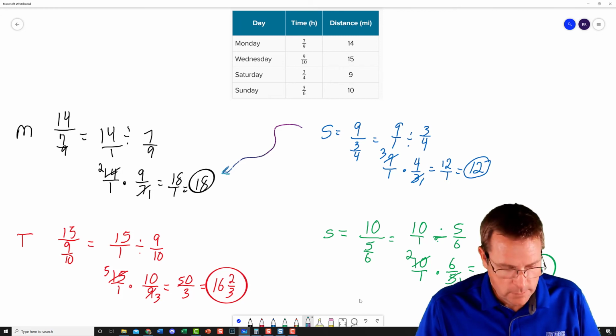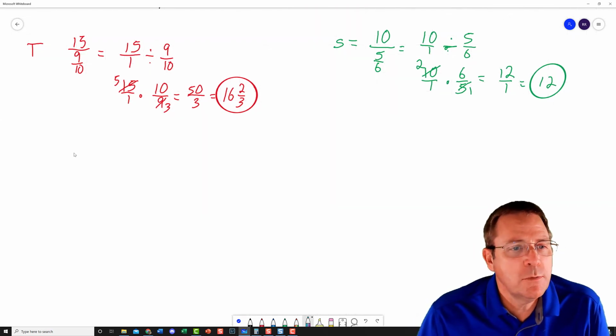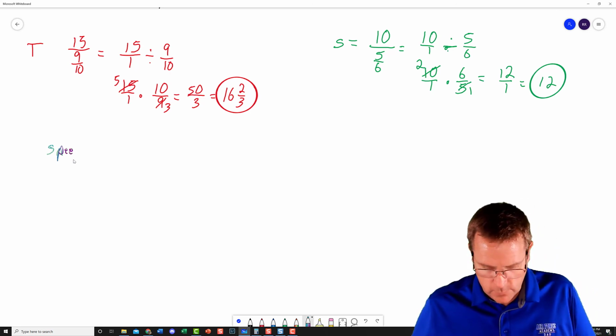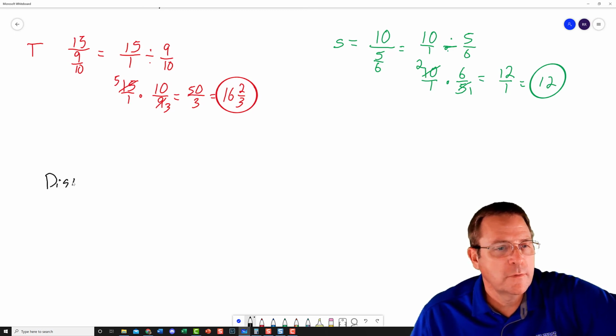So I'm going to move my slate up here a little bit. Hold on. Let's call this distance instead. Distance is going to go on top, and time is going to go on the bottom.